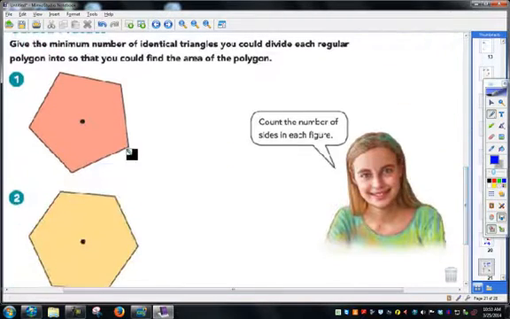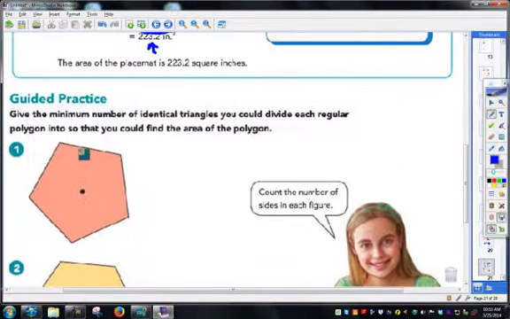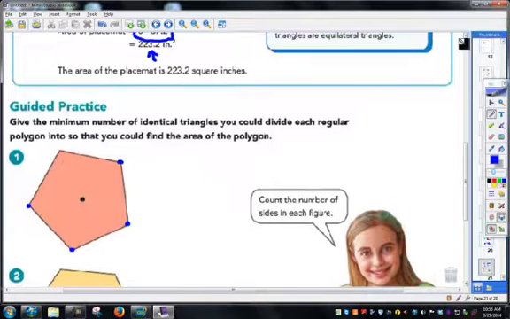Okay? Give the minimum number of identical triangles that I could divide this polygon into. Okay. Well, I see that there are 1, 2, 3, 4, and my pen would let me get up there, 5, and now I'm just ready to connect.